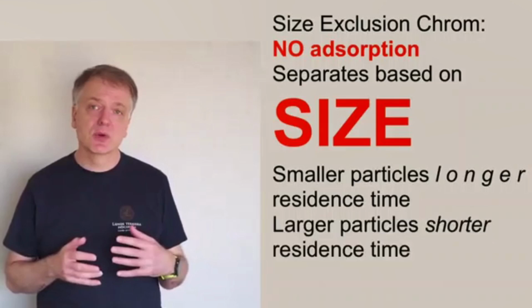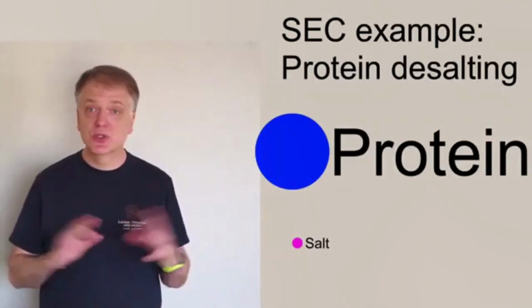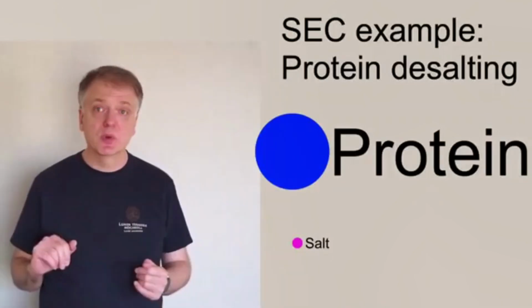SEC is typically slower than ordinary chromatography due to the absence of surface interaction, so you need a longer column. As an example, SEC can be used for protein desalting. The salt ions are small and can enter into the pores and get a longer residence time, while the proteins are too large to enter the pores and thus get a shorter residence time.